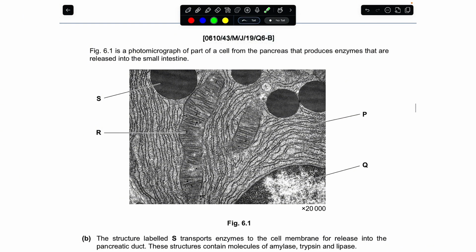Coming here, and this question appeared in the May-June of 2019. The theory paper was 4-3, and this was question number 6B. And the context of this question is relative to the enzymes that work in the alimentary canal. They tell us that we show you figure 6.1, and this is a photomicrograph of part of a cell from the pancreas that produces enzymes that are released into the small intestines.